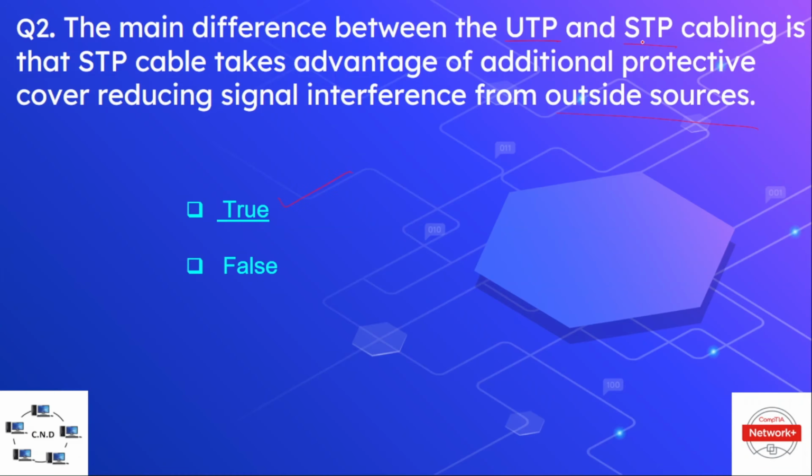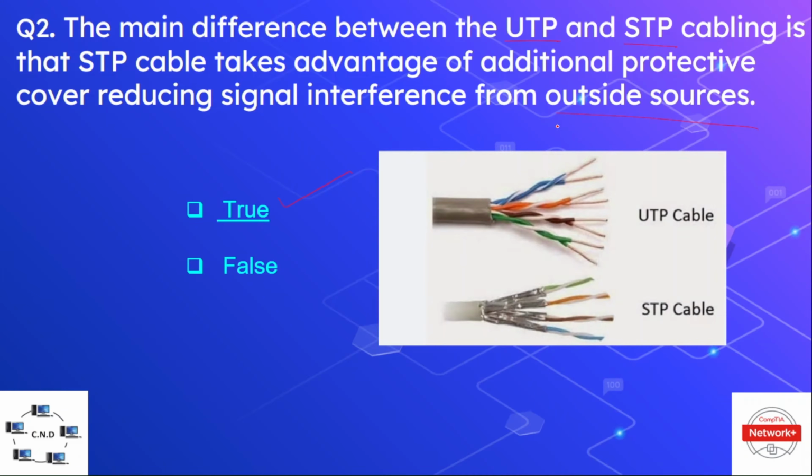So the STP, or shielded twisted pair, basically has an additional covering that is used to protect it from interference, and thus it can cover more distance and it has less interference from noise.